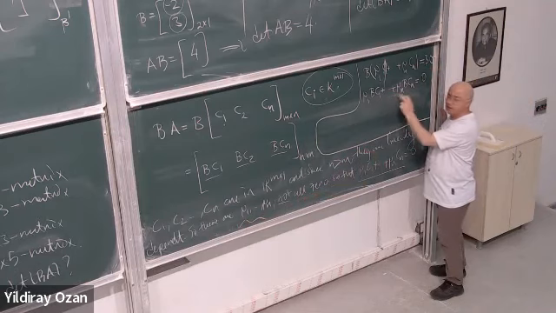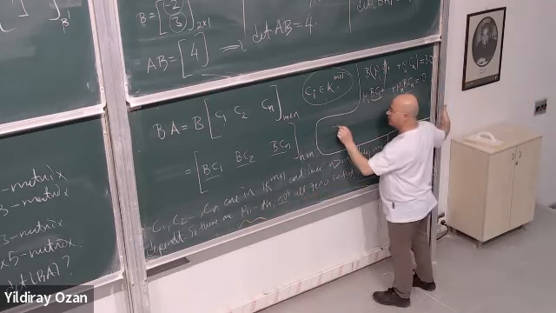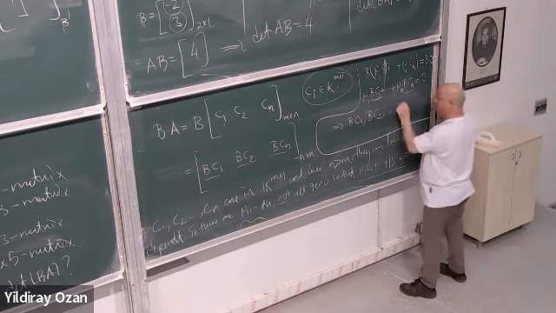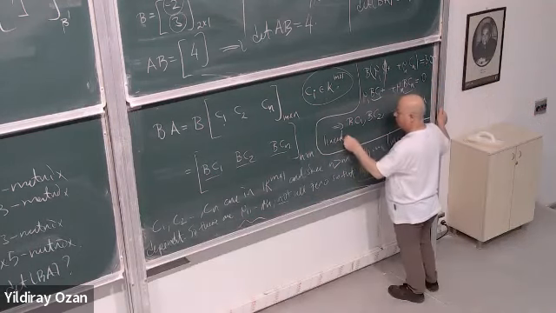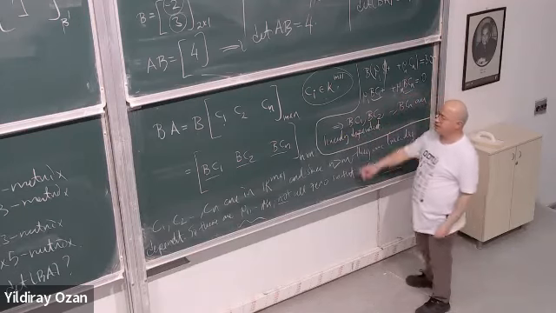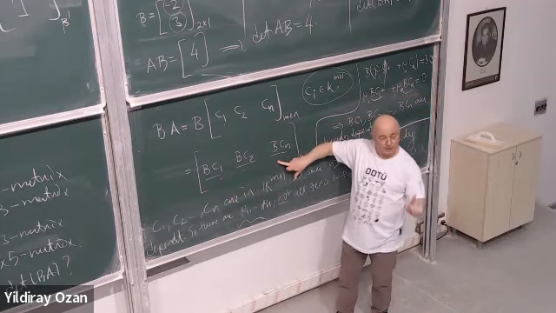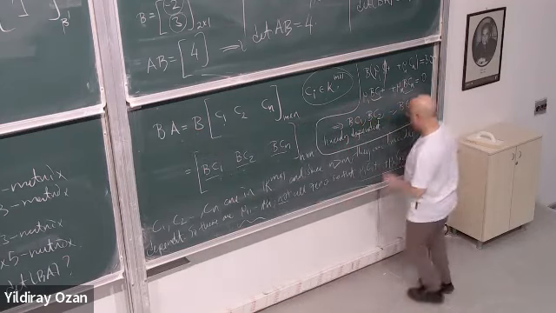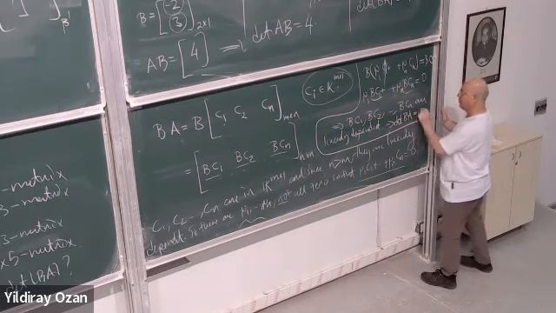But this means that these vectors are linearly dependent. Right, so this is like BC1, BC2, BCn are linearly dependent. And since they are linearly dependent, the columns of this matrix are linearly dependent, therefore the determinant is 0. So this implies determinant of BA is 0.